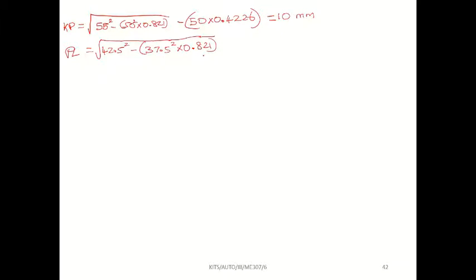Cos square 20 is 0.821. Okay, minus R, 37.5 into sin 25, that is 0.4226.